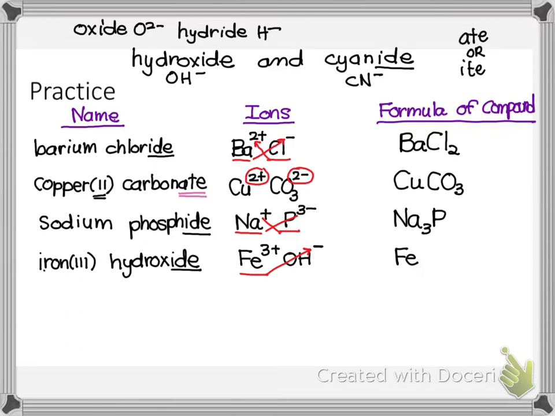And then to find the hydroxide, we look and see what iron has. It's crossover, we look at the others. And iron has a 3, so it's going to take 3 hydroxides. So since it takes more than 1, we have to put parentheses, because we need 3 of those, and put the 3 on the outside.